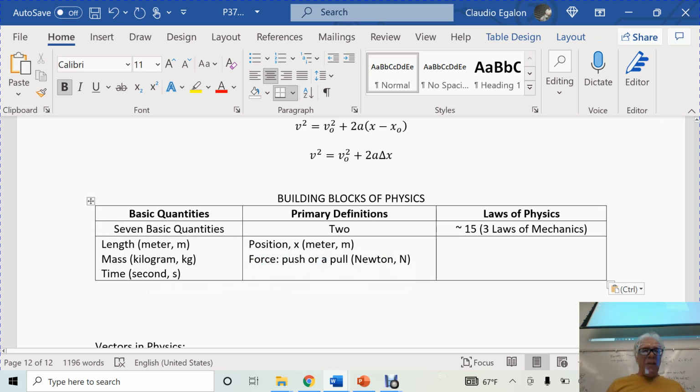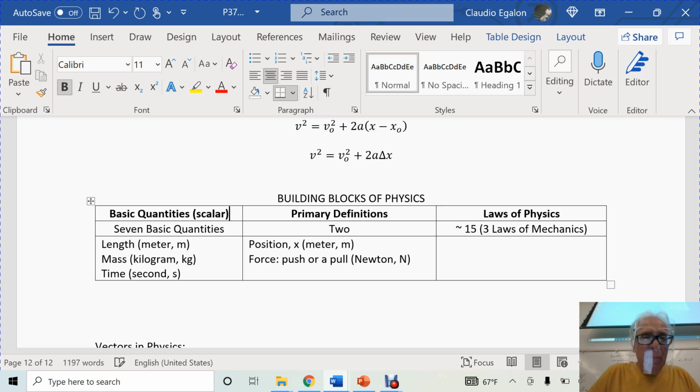Have you ever seen length as a vector? Time being a vector? Time has direction? Mass has direction? It doesn't. So all those basic quantities are scalar. But the primary definitions are all vectorial quantities.